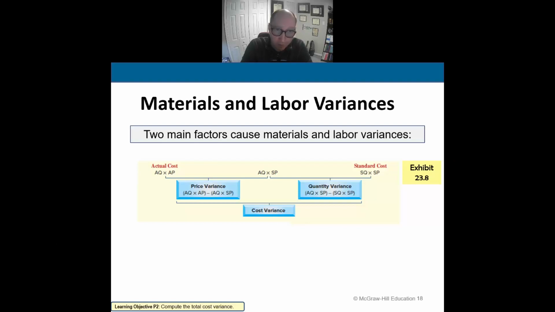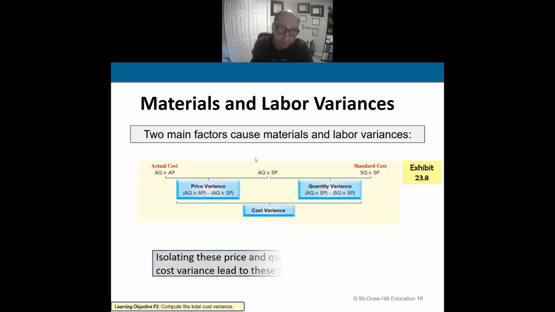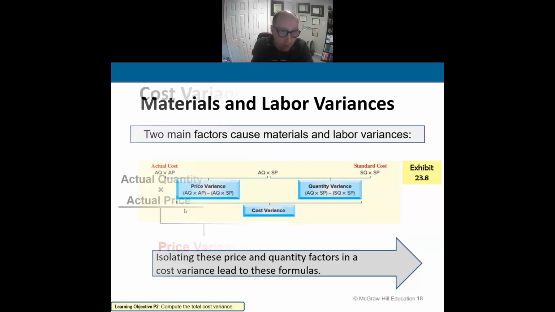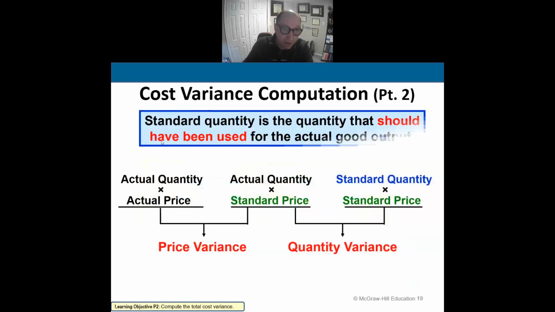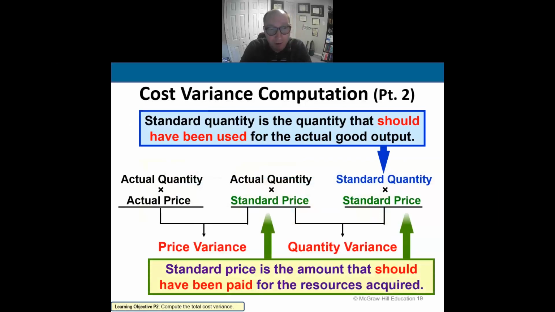Actual cost minus standard cost gives the cost variance. I could also add the price variance and quantity variance to get the cost variance. It's really just a matter of plugging in the values, right? But really, this is how we find the variances.